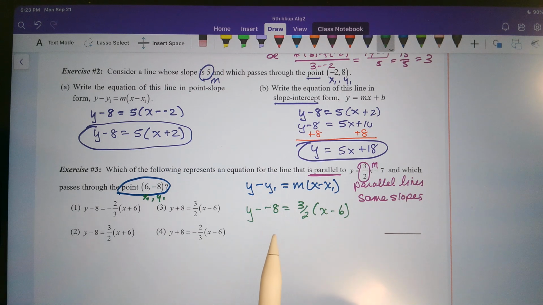And actually it looks like I can stop there and match this to one of our 4 choices. This double negative is just going to make our left-hand side, cleaning it up a bit, plus 8. And this matches choice 3, option 3.